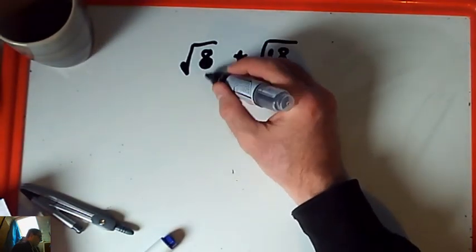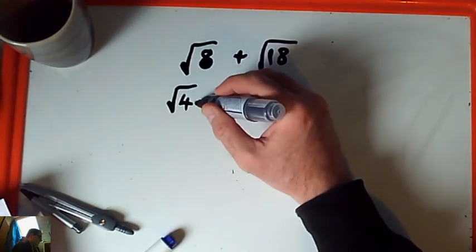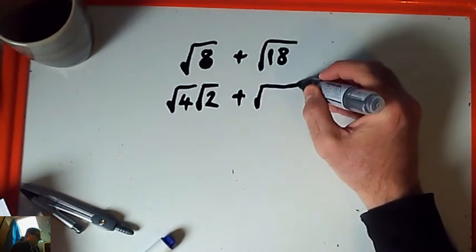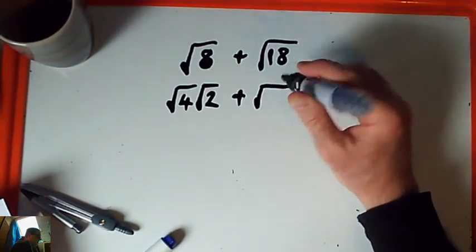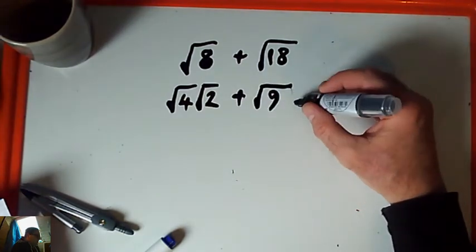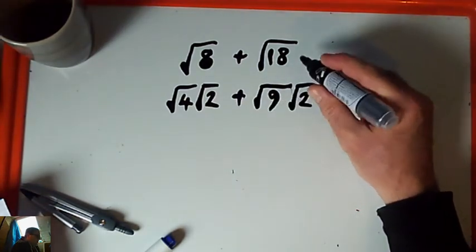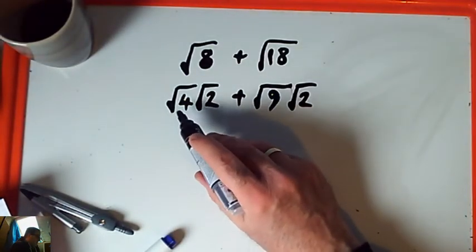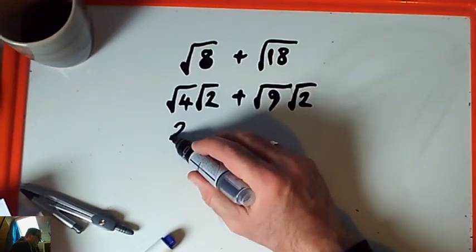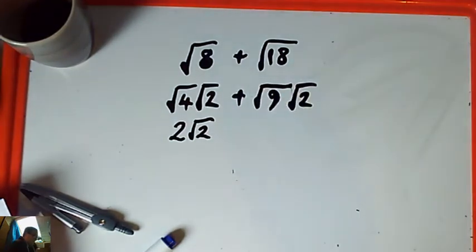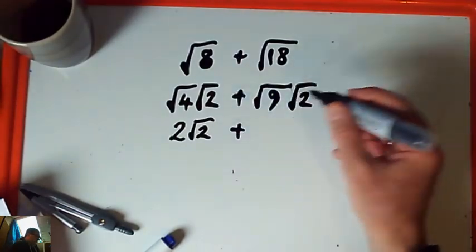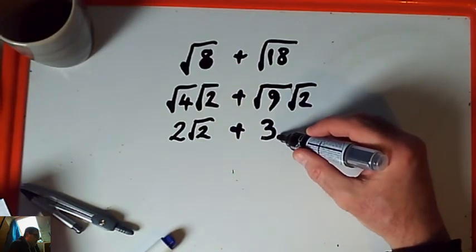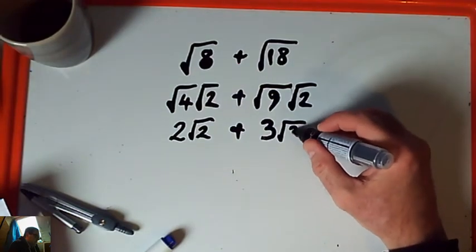Now I happen to spot that 8 is the same as 4 times 2, so that's the same as the square root of 4 times the square root of 2, and 18 is 9 times 2, so that's the same as the square root of 9 times the square root of 2, because 9 times 2 is 18. 4 happens to be a square number, so the square root of 4 works out nicely to 2, so that's 2 times the square root of 2, and square root of 9 happens to be exactly 3, because 9 is a square number, so that comes out to be 3 times the square root of 2.